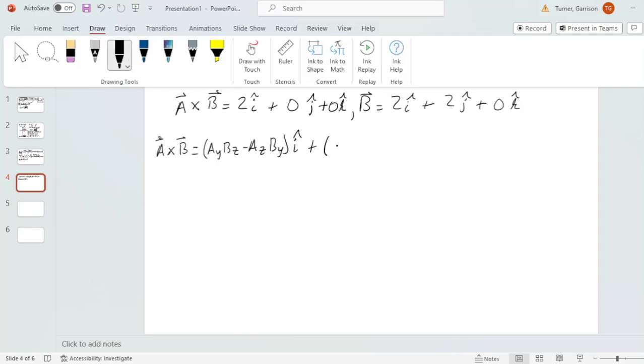Okay. And then we're going to have AX, this is minus. And do pay attention, okay? I'll say something about these unit vectors here in just a moment, or about this general form as well.